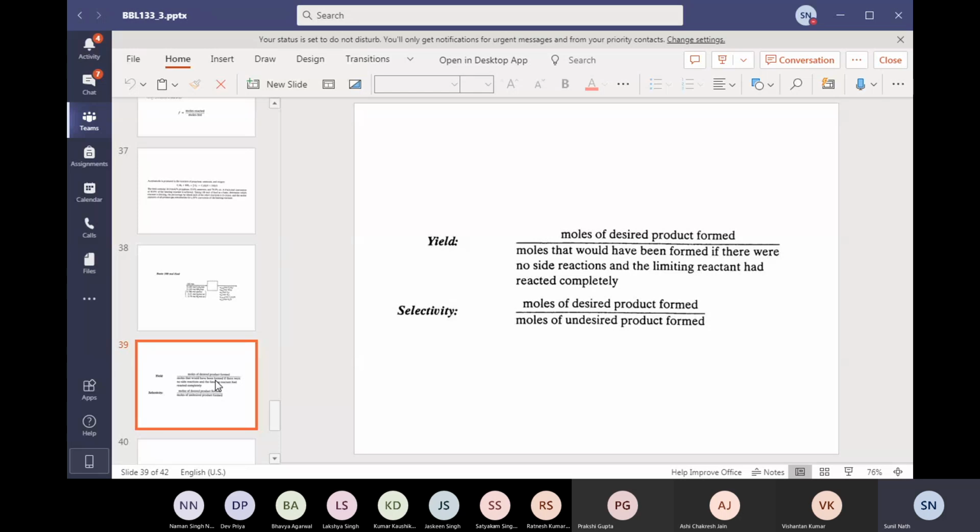Now this is a different definition. So what it is saying is, suppose I had complete combustion of alkane and I had some other side reaction. You don't worry about that side reaction, just find the theoretical yield if there had been no side reactions, just from that complete combustion equation.